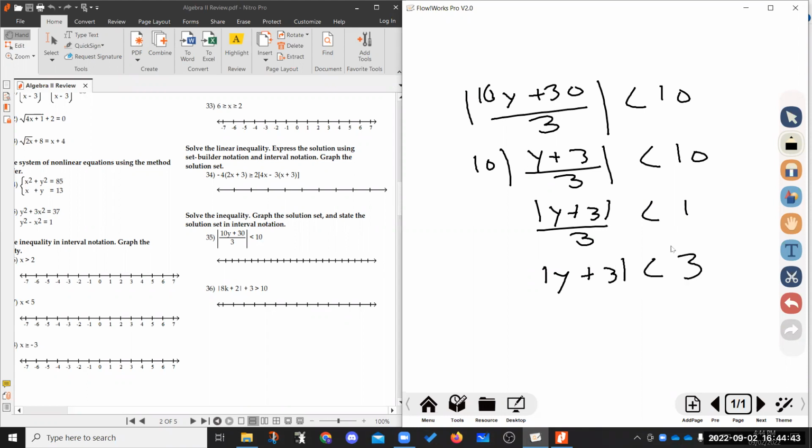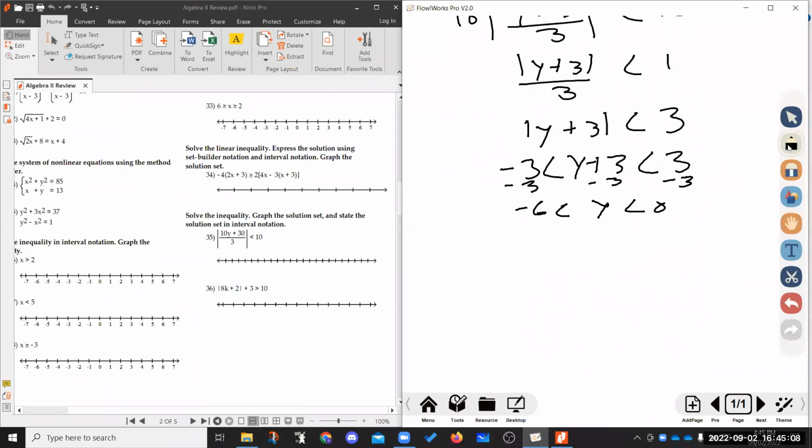Didn't multiply by any negatives because those were absolute values. There were no negatives there, so that means y plus 3 is between -3 and 3. Subtract 3 from everything. That means that y is between -6 and 0. Not included here because it wasn't or equal to.